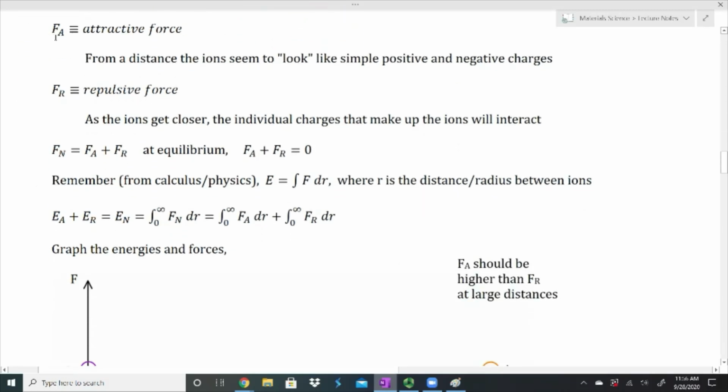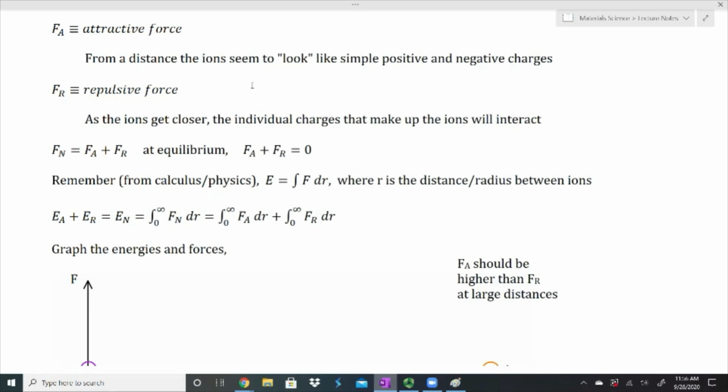And so I'll give you a few definitions. We have Fa, and that's going to be our attractive force. What we really need to understand is that from a distance, ions just look like simple positive and negative charges. From a distance, we say, oh, that sodium is positively charged, and that chlorine is negatively charged. We have Fr, which is the repulsive force. As they come closer together, as we look a little more closely at that sodium, yeah, it's positively charged, but it's actually made up of positive and negative charges.